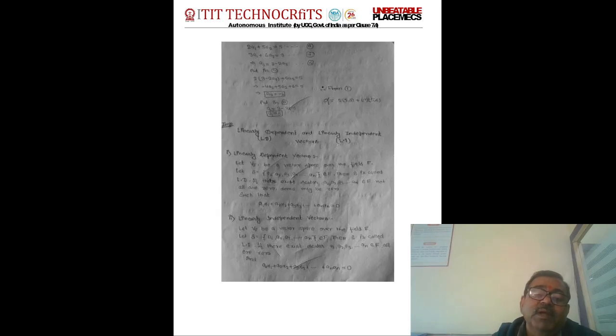That means applying this condition, find the values of a1, a2, a3 up to an. If not all of them are zero, then the vectors are said to be linearly dependent.